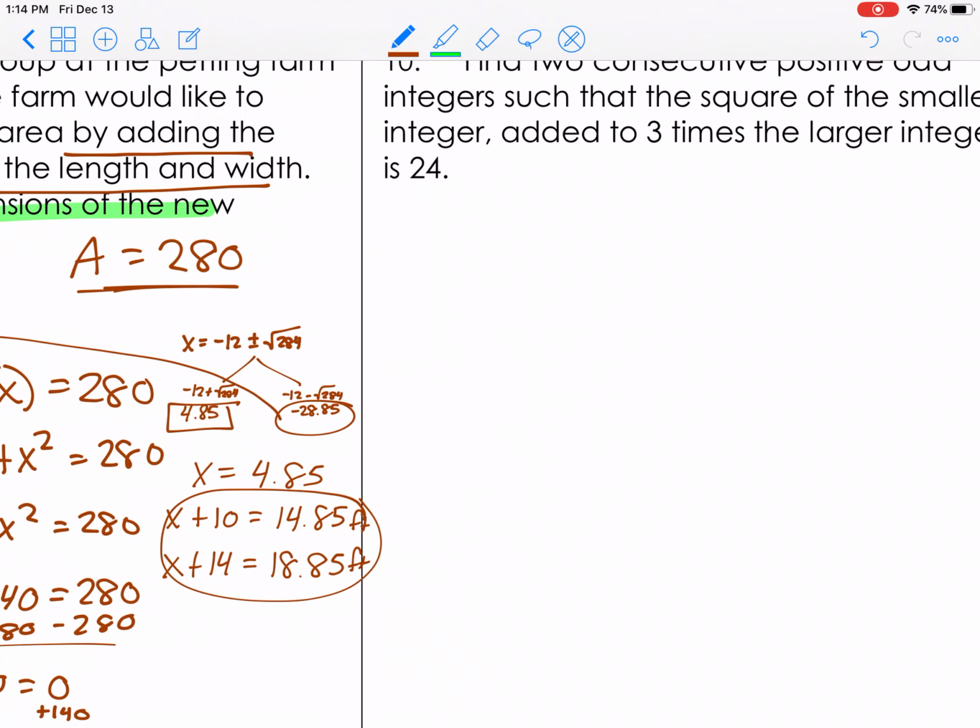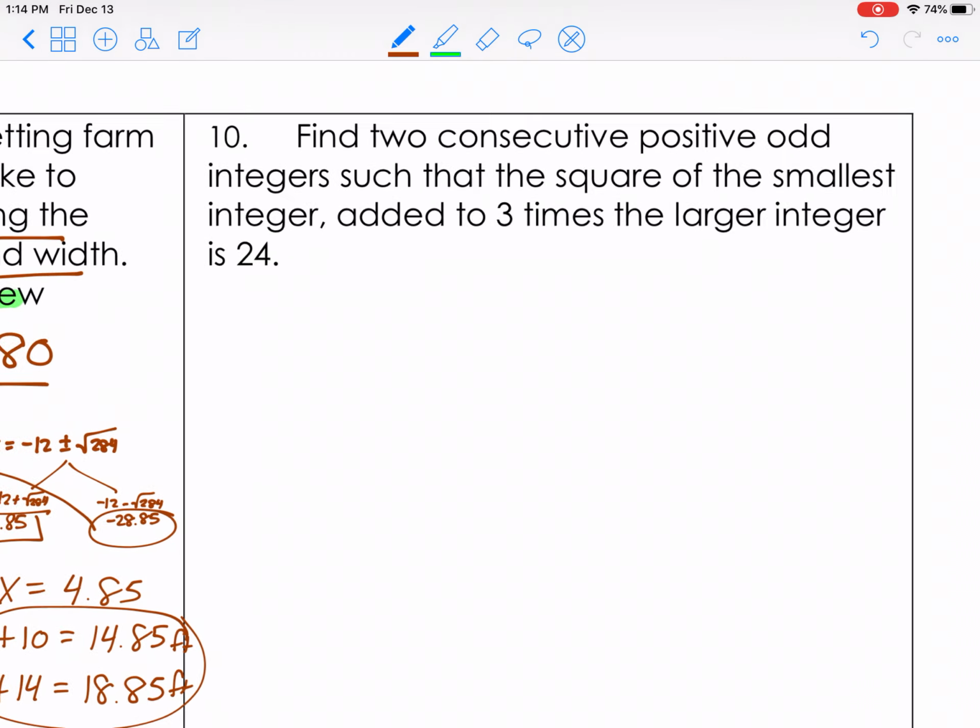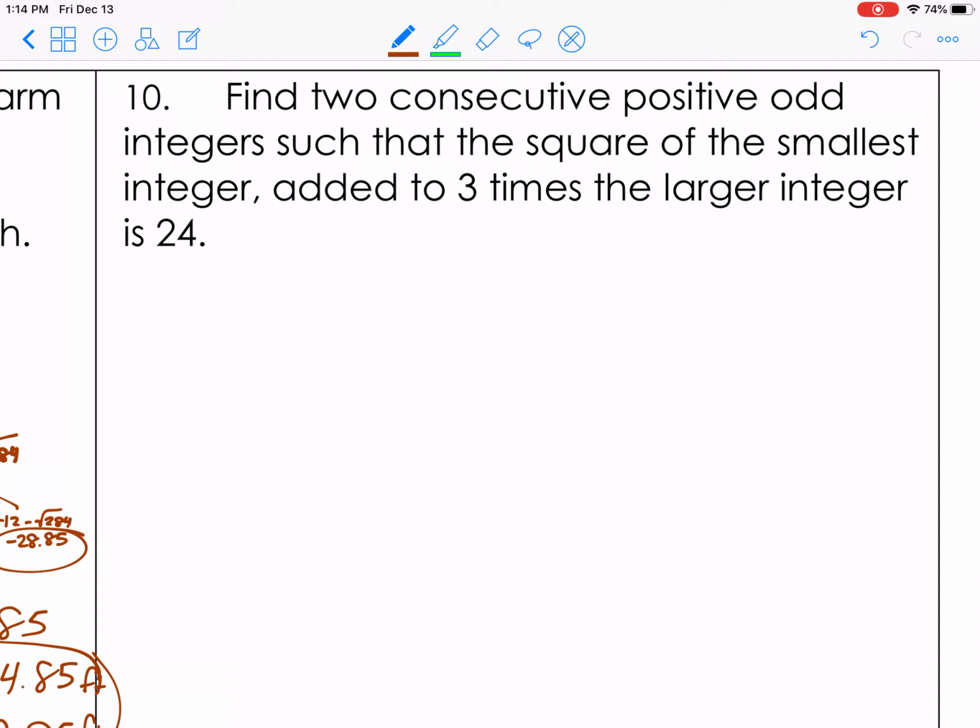All right. Next one. Find two consecutive positive odd integers. Consecutive means one right after the other. Odd integers means that I'm going to skip over the even number. So if I write an expression for two consecutive positive odd integers, the first one's going to look like x. And if I pretend that it's an odd number like 3, to get to the next odd number, what would I have to add to that?